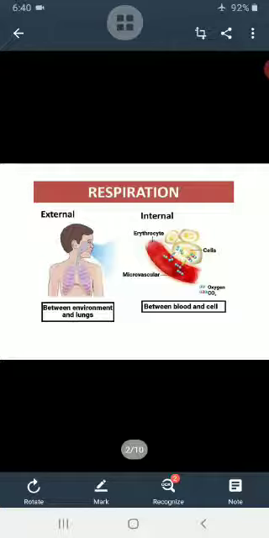And internal respiration, using oxygen to break down food to release energy. Internal respiration occurs in the body cells.